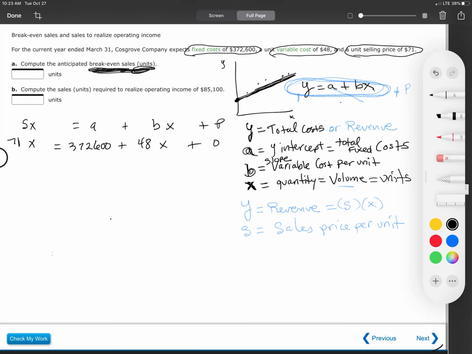I'm not going to actually go through the motions of doing that. But let's read letter B. Letter B says, compute the sales units required to realize a profit of 85,100 instead of 0, then solve for X. It's a prerequisite of the class for you to know how to solve for X. That's pre-algebra.